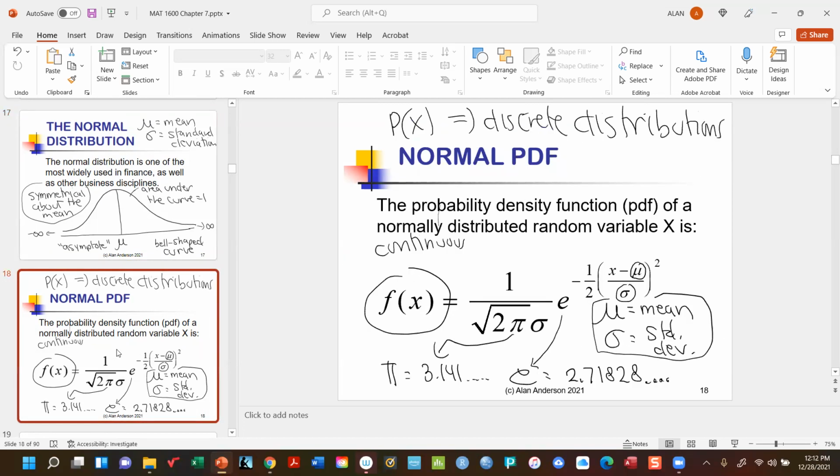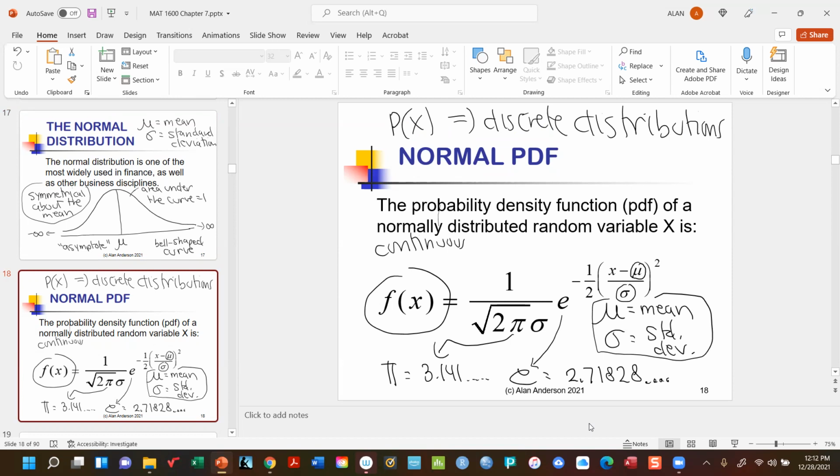And the important detail here is that it contains a lot of elements that we're already very familiar with. Pi, by the way, this pi is the actual pi that you know from high school, 3.141, not the pi that we use in the binomial distribution. Sigma is our standard deviation, of course. Mu is the mean.